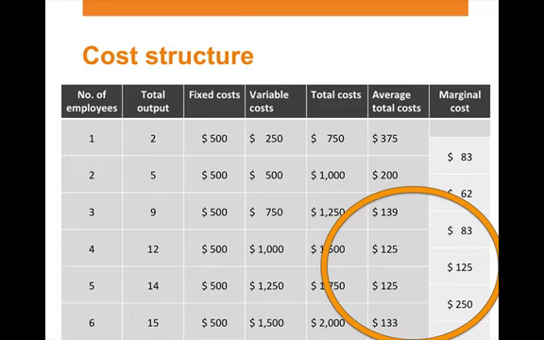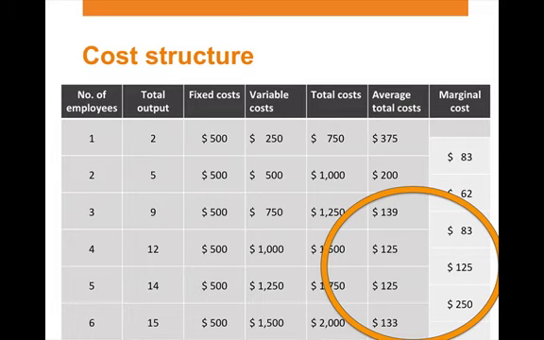Please have a look at what happens to the average total cost in relationship to the marginal cost. The average costs keep falling from 375 to 200 to 139 etc., as long as the marginal costs are below the average total cost.